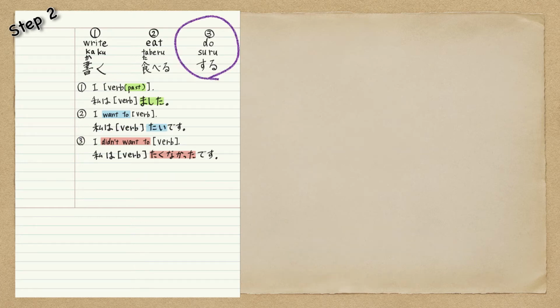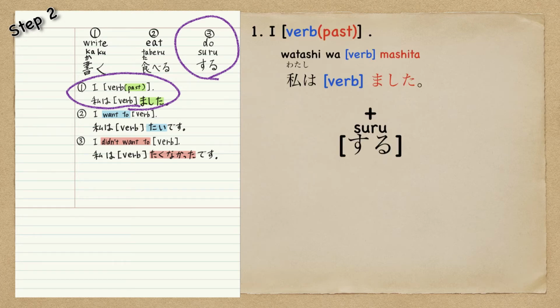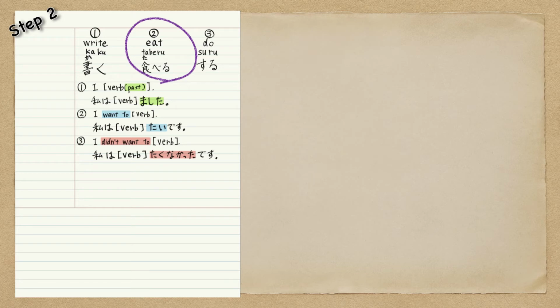Next, do. I verb past. する, 私は verb ました. So put する here. I do past. 私はするました. Eat.